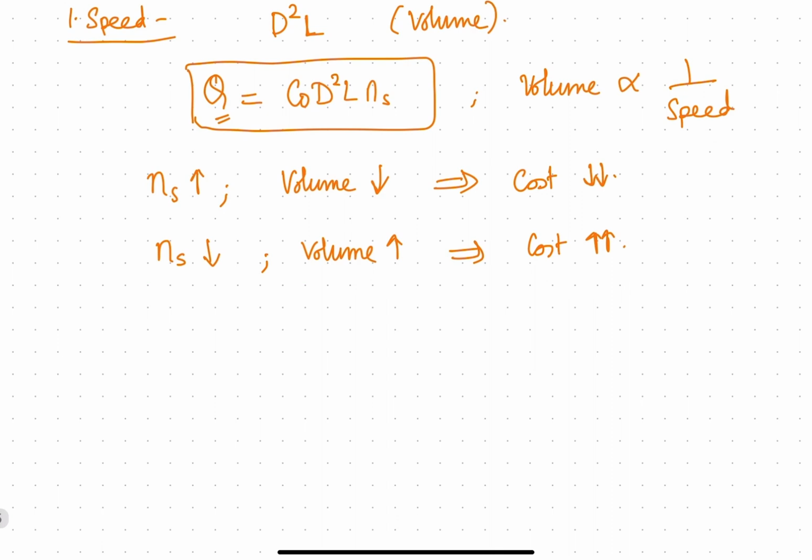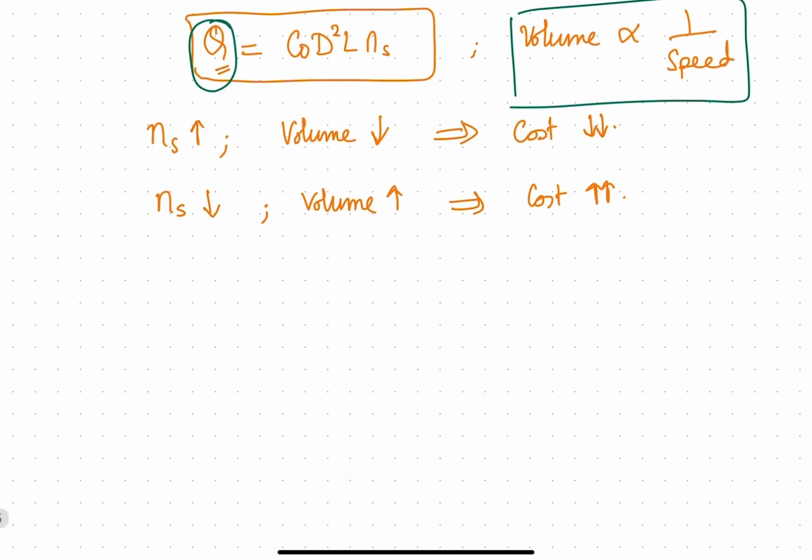So when you have the same Q, volume and speed have this inverse relation. Whenever there has to be a choice of speed, when you don't have the speed specified, it is always better to select the highest speed rating for any given power.